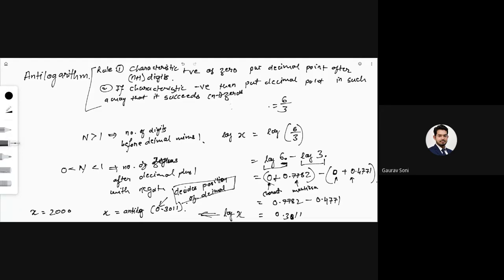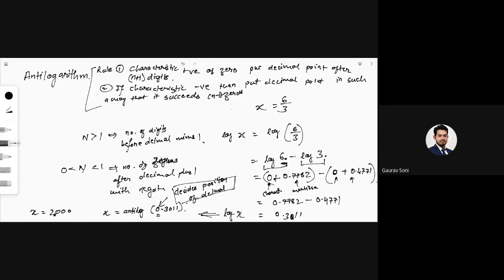So come back to our example now. What is our characteristic here? That is 0. So if the characteristic is 0 or positive, put the decimal point after n plus 1 digits. What is n? n is the characteristic, which is 0 here. 0 plus 1, so after one digit I will put the decimal point.